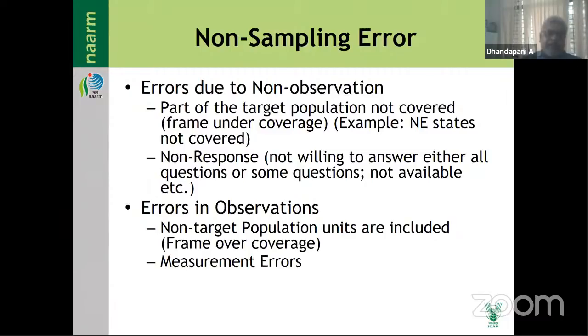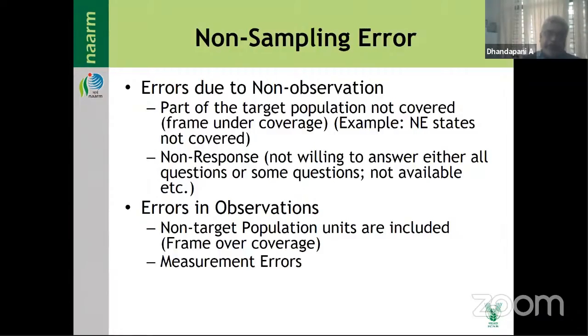The second way errors due to non-observation can come is that you have selected a sample, but for some of the selected units you do not get a measurement. This is what we call non-response. Maybe you have selected a household, and nobody is there, or nobody is willing to answer your questions, not even one.